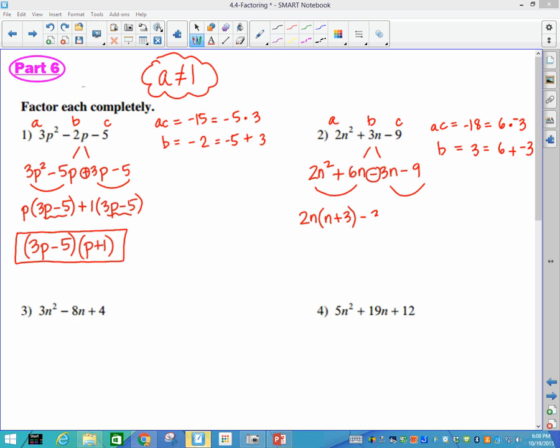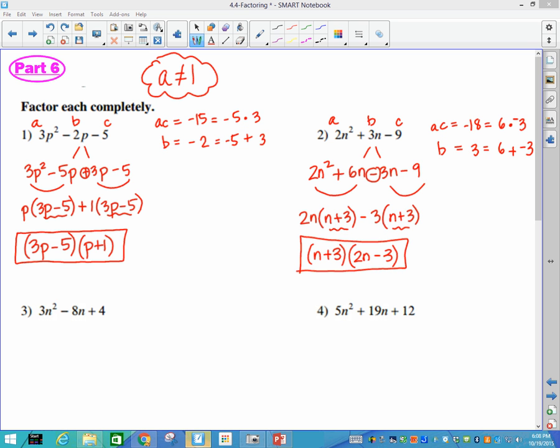Common factor between these two is a 3, and I'm going to copy that factor. And when I copy that factor, I'm going to check it. Minus 3 times n is minus 3n. Minus 3 times 3 is -9. So I did factor that correctly. And I take out my common factor of n plus 3, and I'm left with 2n minus 3.